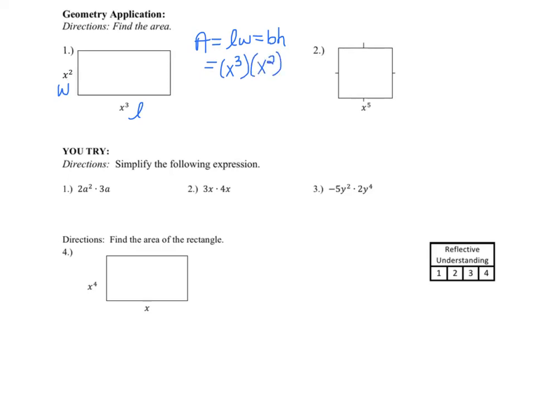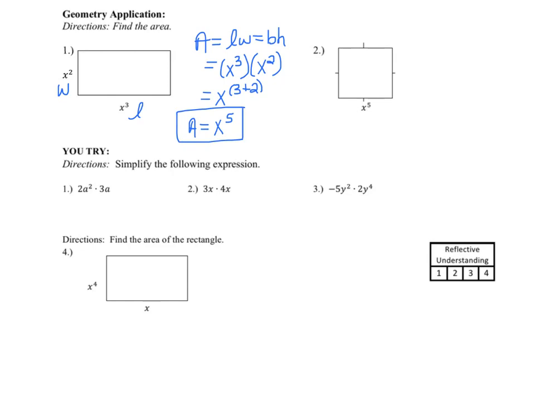These are the same bases, so now we can add our exponents. So equals x, and then 3 plus 2, and 3 plus 2 equals 5. Therefore, the area of that rectangle is x to the 5th power. And that is your answer.